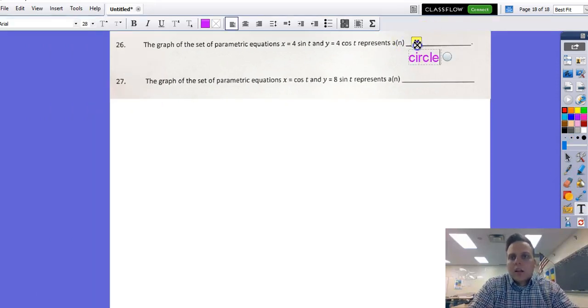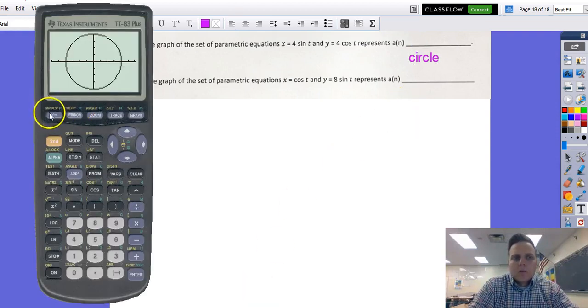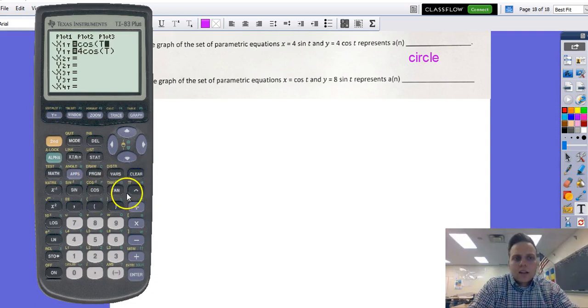Okay, and now I need to do this next one. So I go back to y equals. This x is just equal to cosine t. And y is equal to 8 sine t. I hit graph. I'm not seeing anything at the moment, so I need to take a moment and follow the same steps.